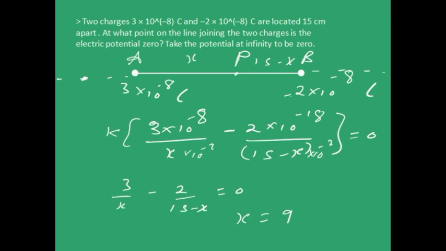Now if your point is somewhere to the right of the negative charge, say P dash, then follow the same procedure. Your final equation will be just a little different. 3 by x, where x is the distance from point A to point P dash, and the potential due to the negative charge will be 2 by (x minus 15), because x is greater.